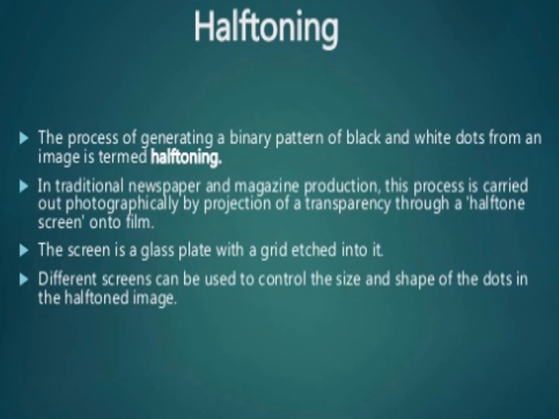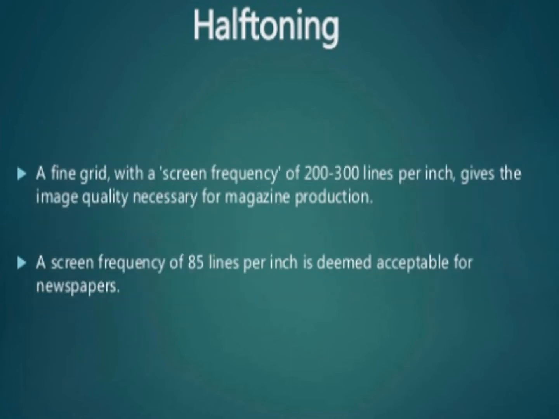In traditional newspaper and magazine production, this process is carried out photographically with projection of a transparency through a halftone screen onto a film. The screen is a glass plate with a grid etched into it. Different screens can be used to control the size and shape of the dots in the halftone.